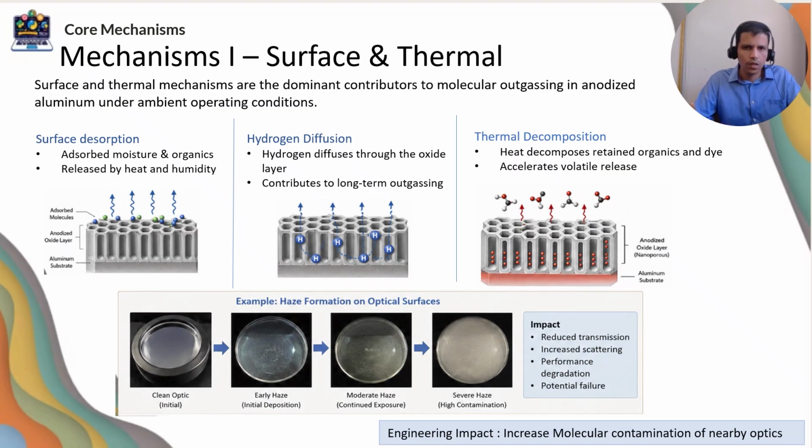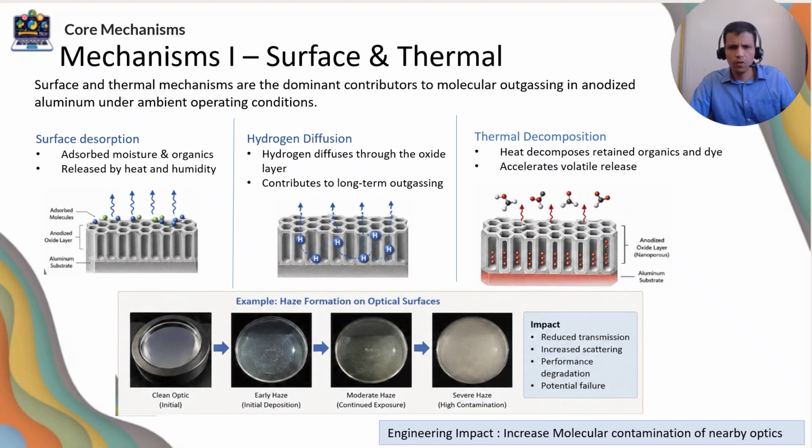Due to humidity and heat, those loosely bound volatiles can desorb, and it can affect the optics installed near the anodized aluminum.